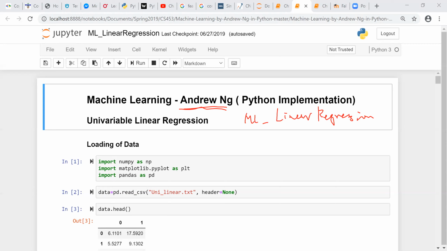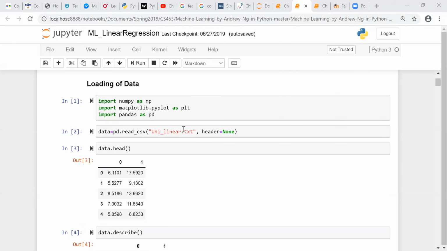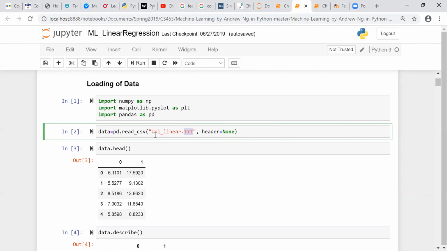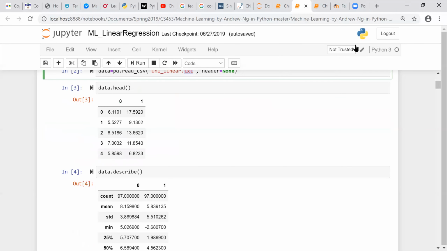The first example is about a single variable, which we call univariate linear regression. The data is pretty simple. It has a feature and a target value.